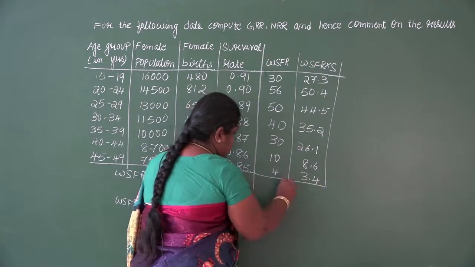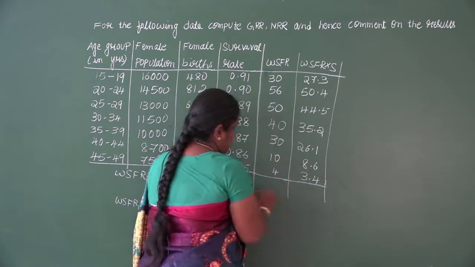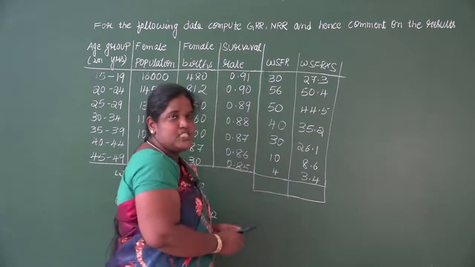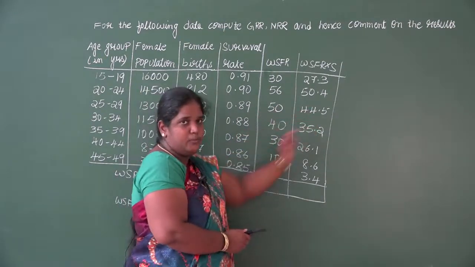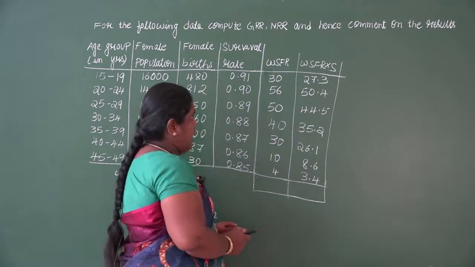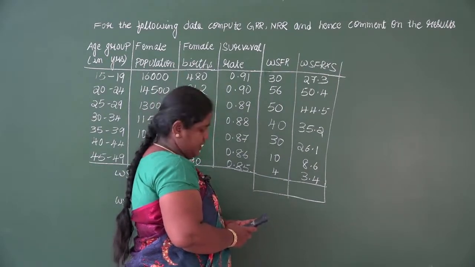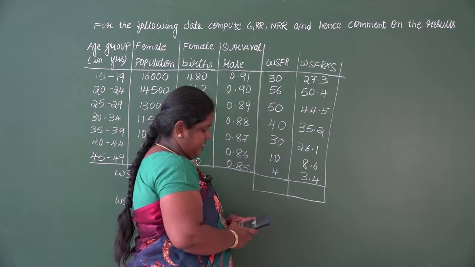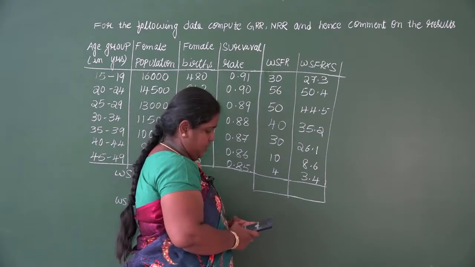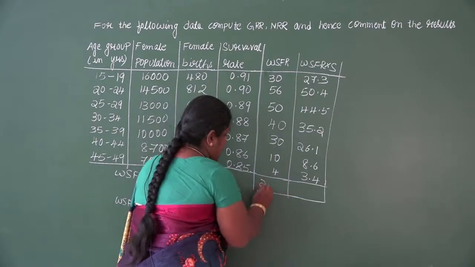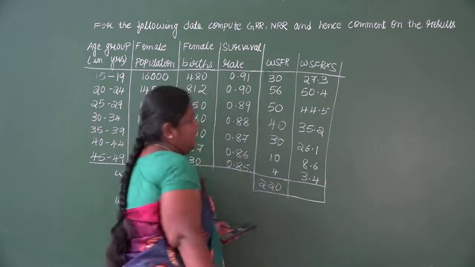Since we are doing GRR and NRR, we need the total of WSFR and the total of WSFR into S. So add both the values. It is 30 plus 56 plus 50 plus 40 plus 30 plus 10 plus 4. We'll get the total as 220.